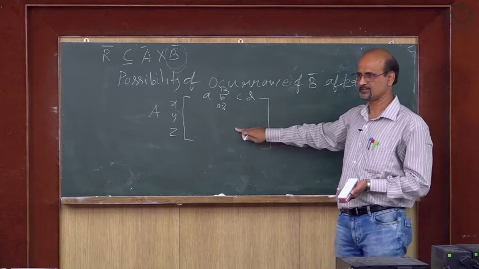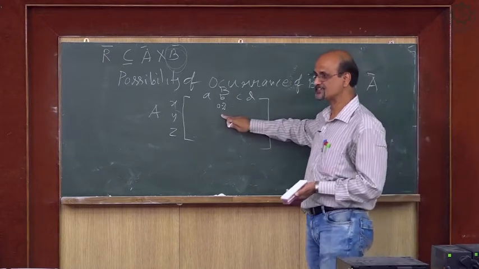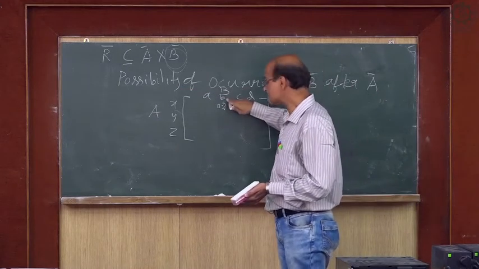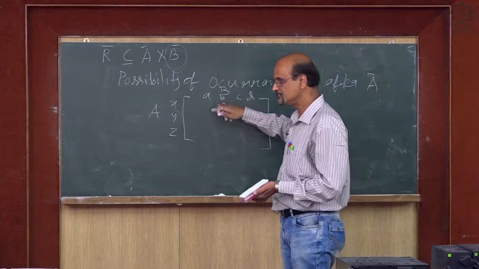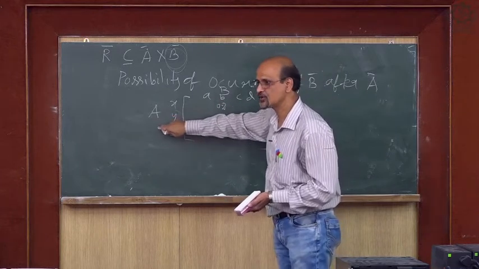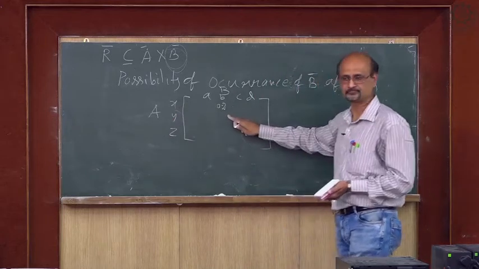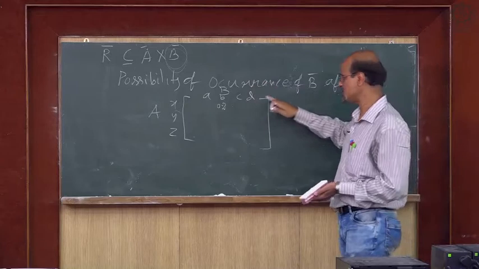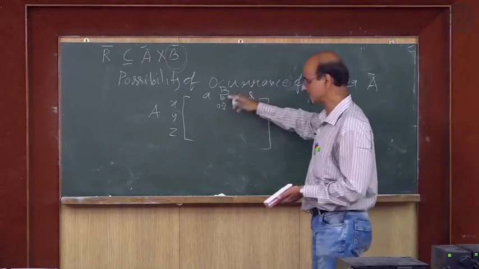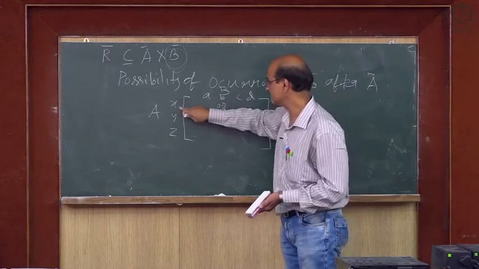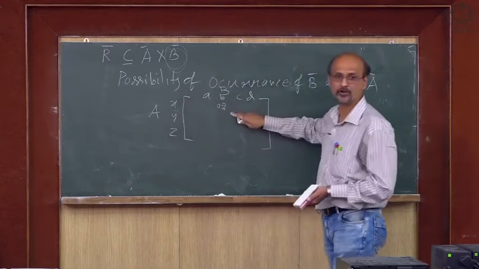This again says that the possibility of occurrence of B after x belongs to A is 0.2, as we did in probability theory. So, here two things are there, possibility of occurrence, that means possibility of occurrence of B belongs to B after x belongs to A is 0.2.